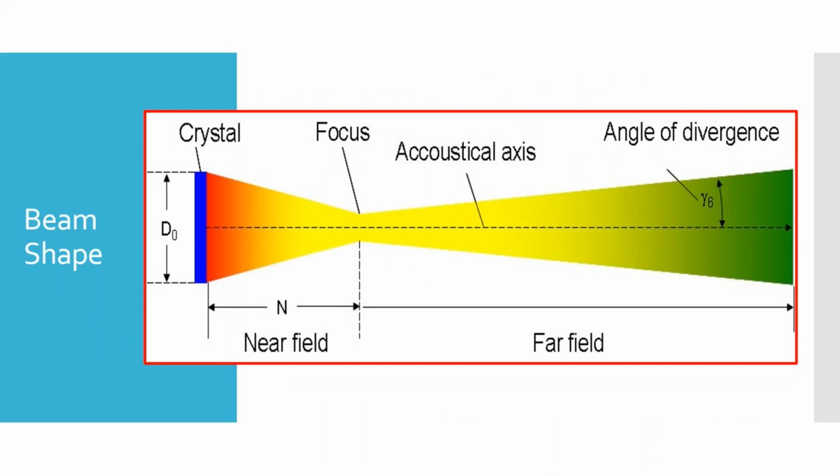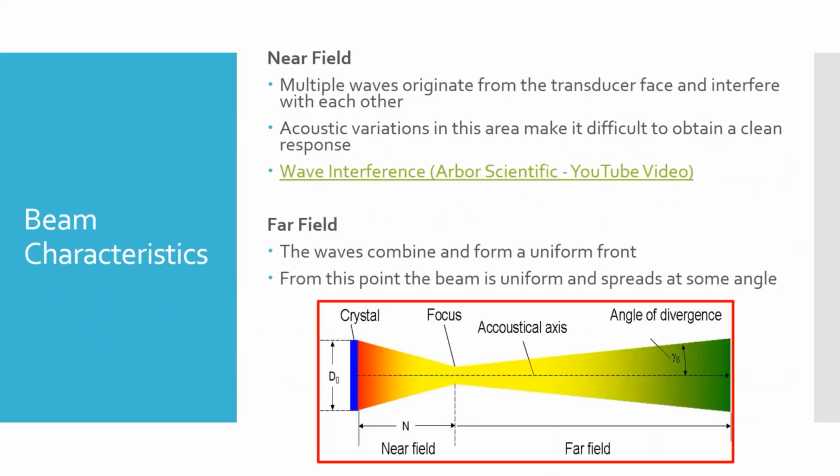So when we're looking at this, the near field versus far field is going to play a role in what we can detect. In the near field, a lot of the waves coming off the crystal are all coming out fairly close together, and actually cross, making a crossing pattern. And so you get a fair amount of interference in that area.